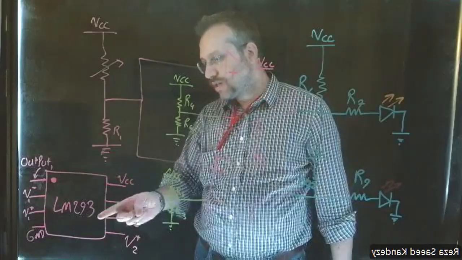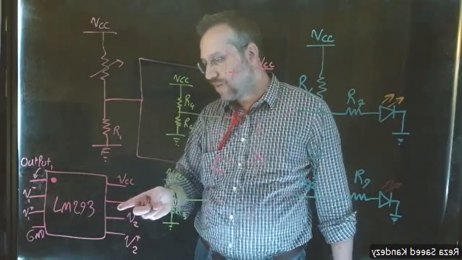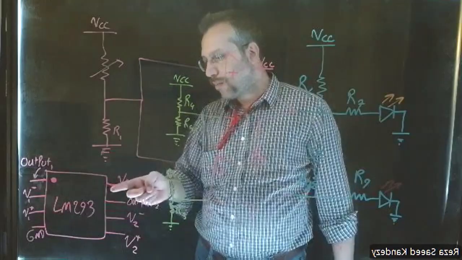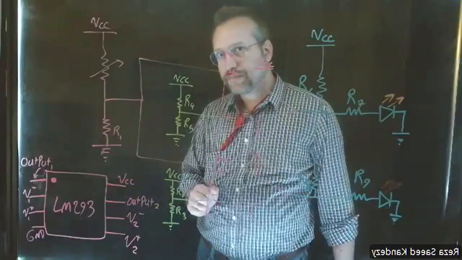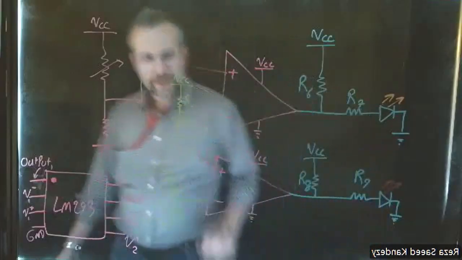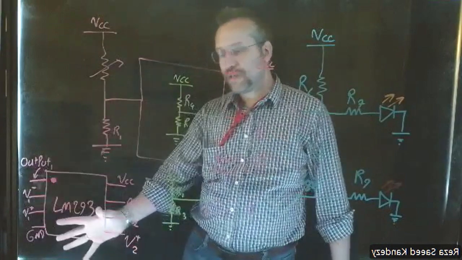Number 6 is the inverting terminal of the second op-amp. Number 7 is the output of the second op-amp. And number 8 is the VCC. So this is how we could develop and implement this circuit using the LM393.